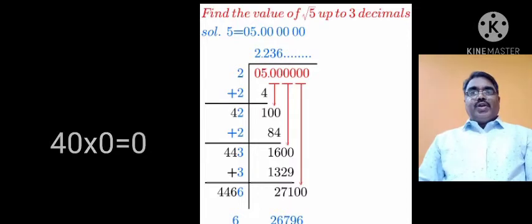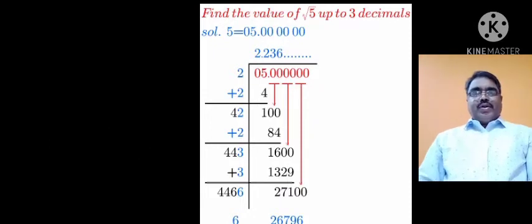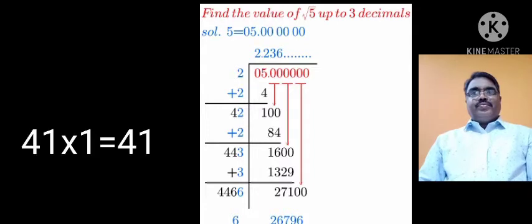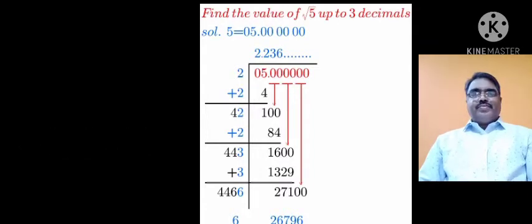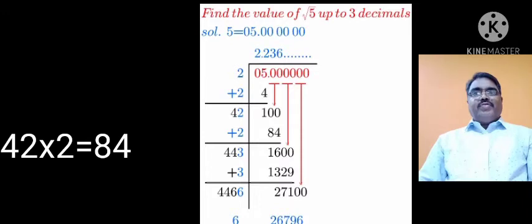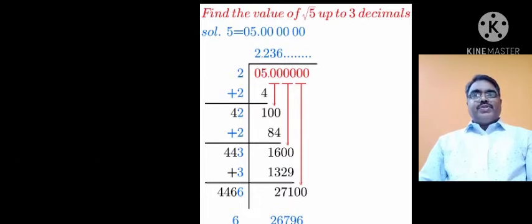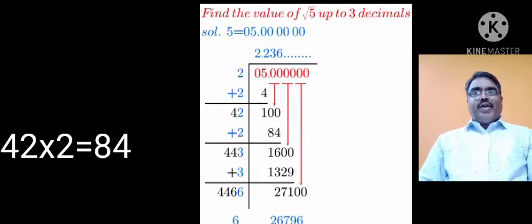If you take 0 in place of 2, you get 40 into 0, which equals 0. Take 1 in place of 2, 41 into 1, which is equal to 41, which is less than 100. If you take 2, you get 42 into 2, which equals 84. It is very near to 100 and it is less than 100.